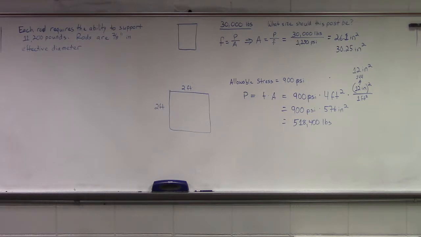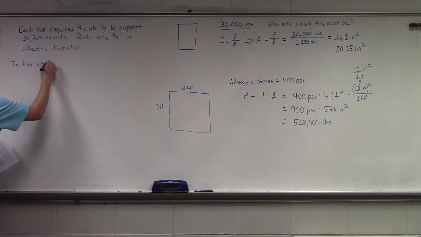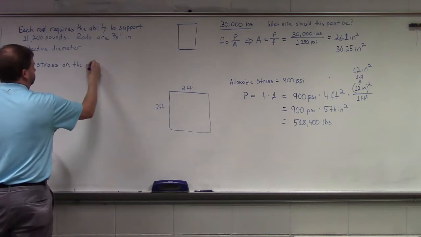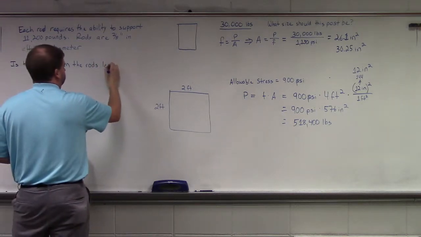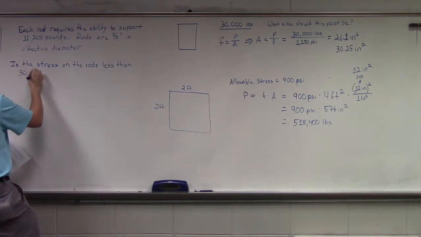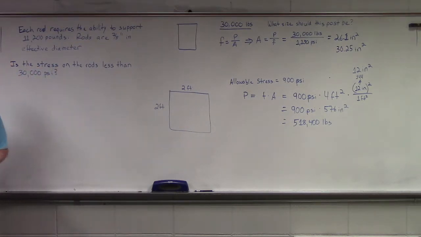So you've got 11,200 over the area, compared to 30,000. Does that make sense to everybody? Jay, you're good?